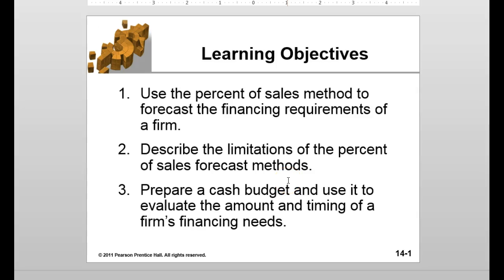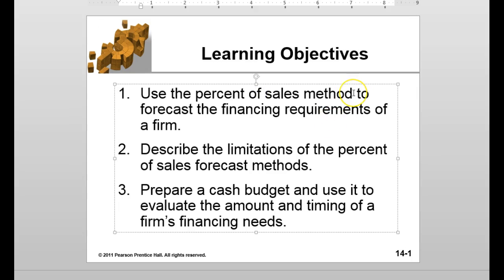This is chapter 14, and we're looking at creating and forecasting sales and financial needs for the future using financial reports. So we're going to use the percentage of sales method to do this. There are some limitations which you'll find in the textbook that explain what to be cautious about.